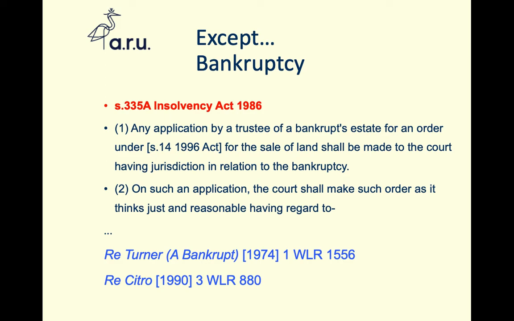So a family home can and will be sold above their heads where there's bankruptcy, irrespective of their interest in the land too. So again, we can see this preferential treatment towards banks being given throughout.